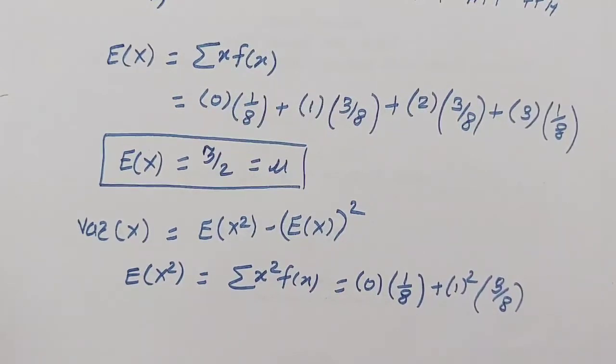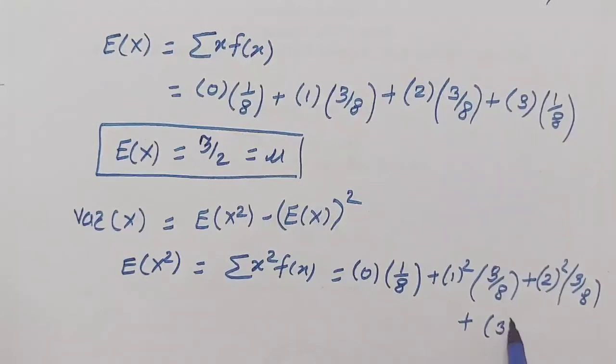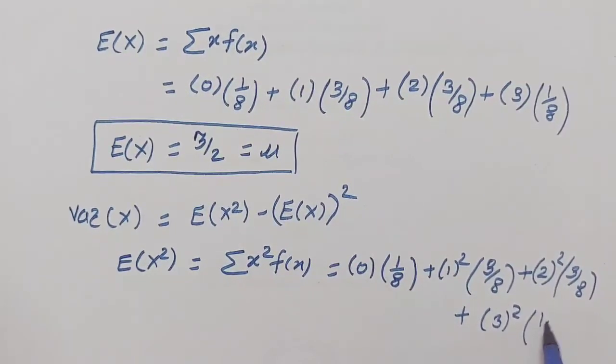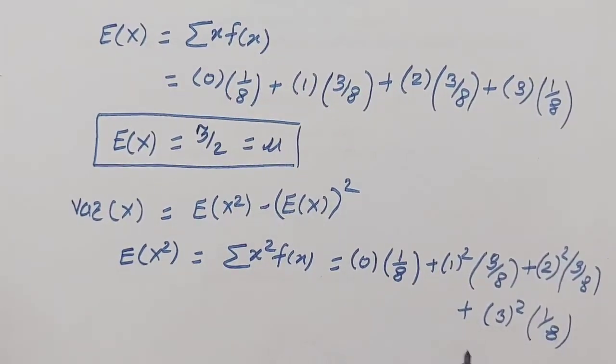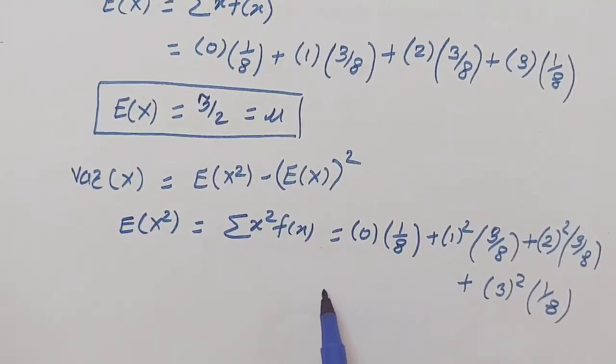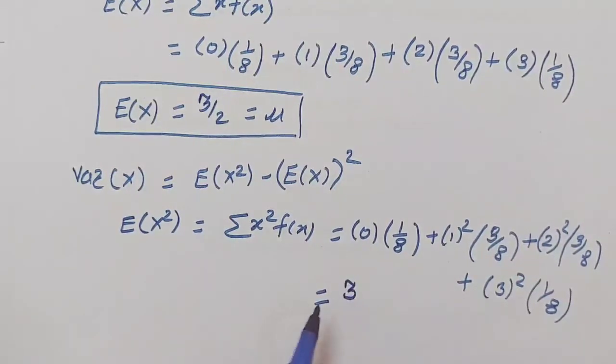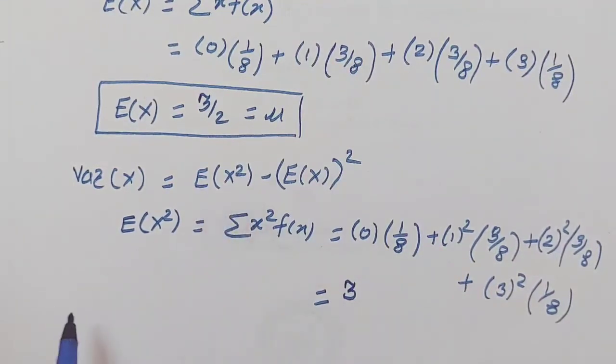When x is 2 the probability is 3/8, and the next value of the random variable is 3, so it is 3 square, with corresponding probability 1/8. Again simplify this term, and we get the value of expectation of x square as 3.